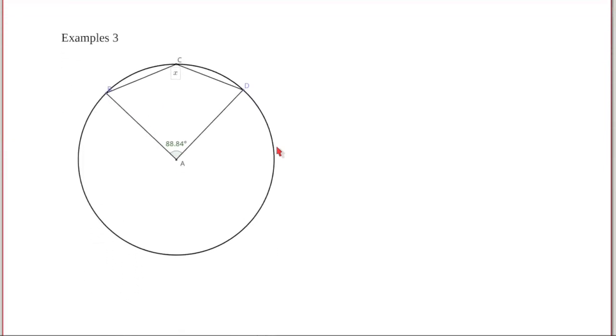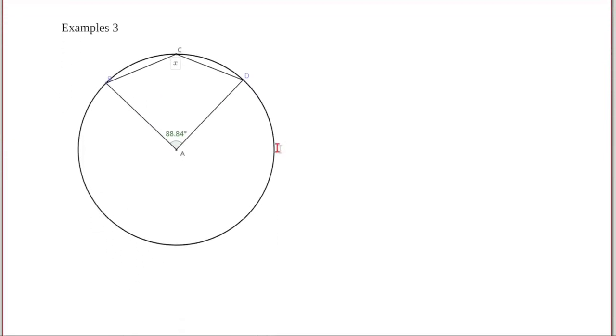Next, we need to find x there. What's the value of x? Like we've tried to mention, it must be this angle on the outer here, giving us that angle on the outer there.